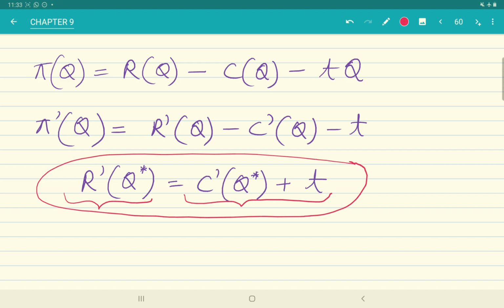What we lose is approximately equal to c prime q star plus t, because now we also have to pay $t in tax for that extra unit of output that we have produced. So again, the condition tells us that the marginal revenue of selling an extra unit is exactly offset by the marginal cost of producing that unit. So it's almost the same logic being applied.